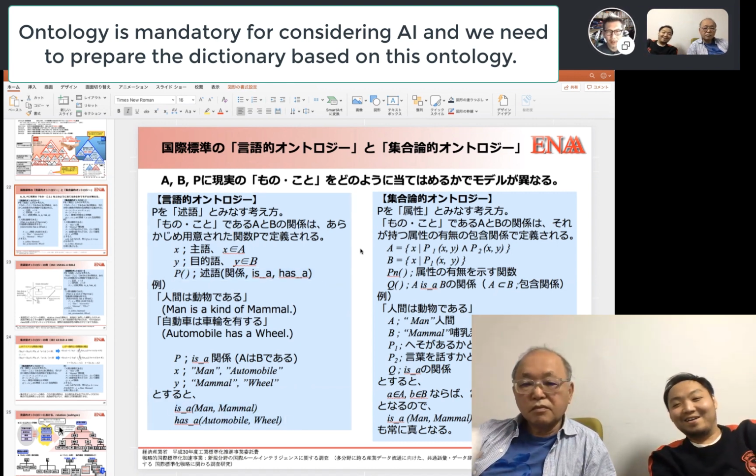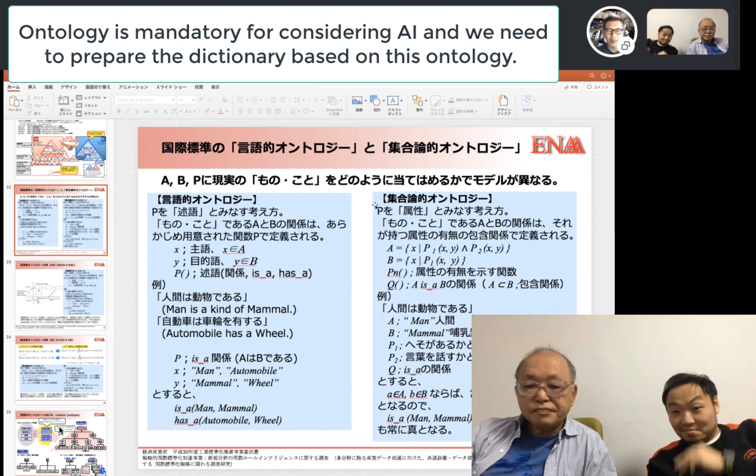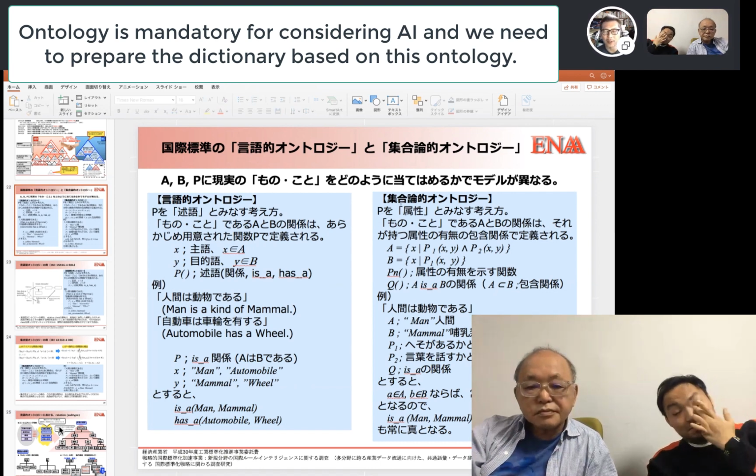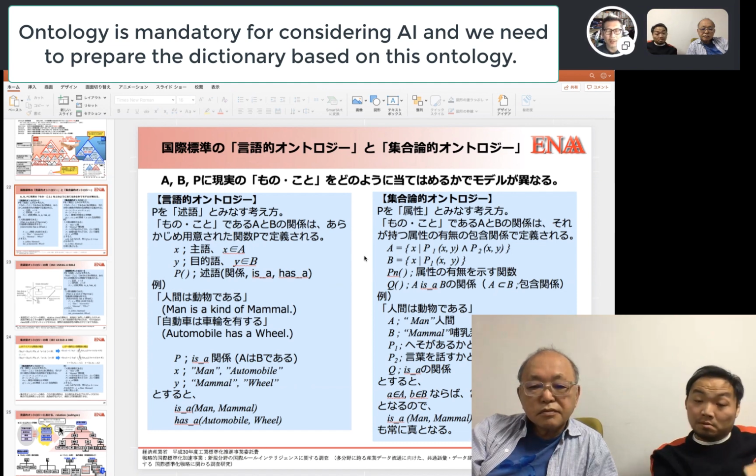On the other hand, the set theory ontology seems very similar, but actually is different.